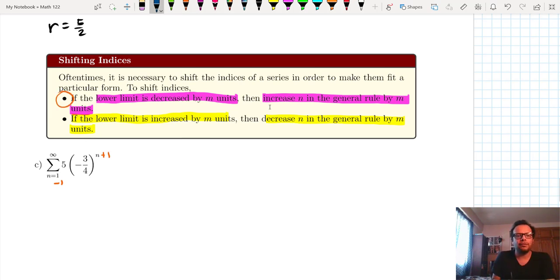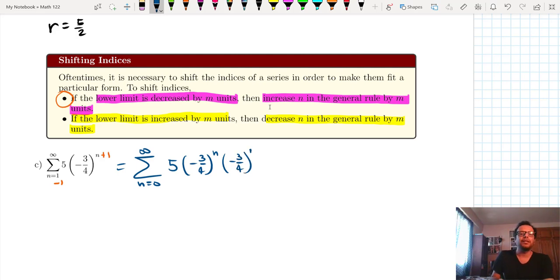Okay, so let's go ahead and do that. So 1 minus 1 is 0. Starts at n equals 0 now, all the way to infinity. And this will be 5 times 3/4 to the n times negative 3/4.